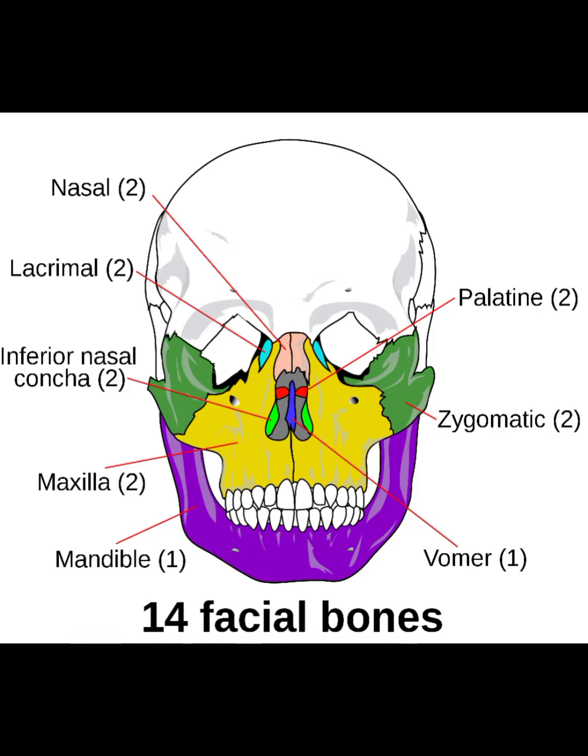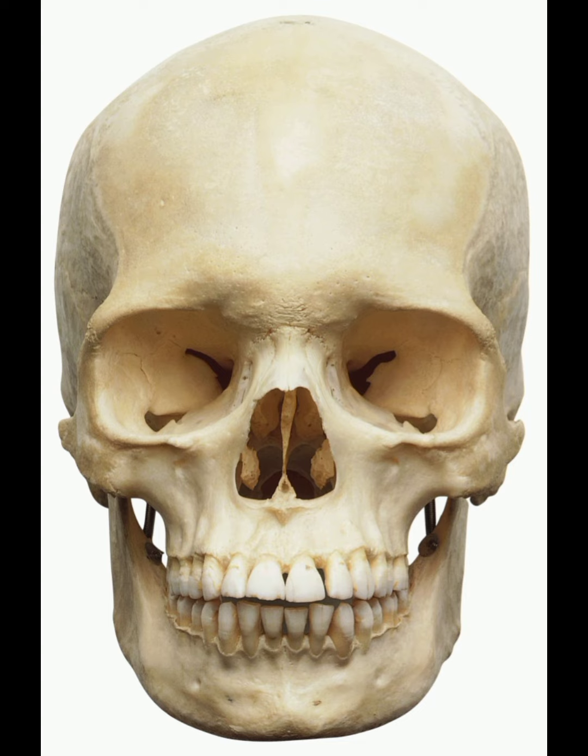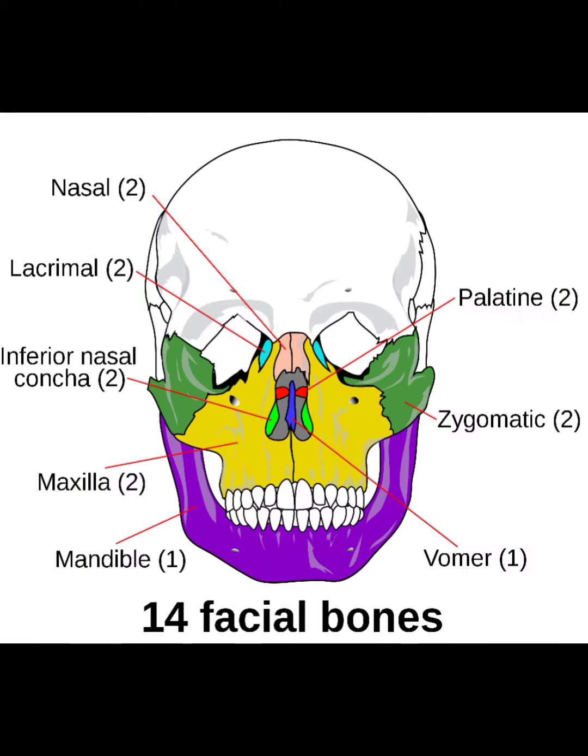And now the facial skeleton, which is also part of the skull. The facial skeleton is the lower part of the skull, also described as the viscerocranium. The facial skeleton consists of 14 bones.